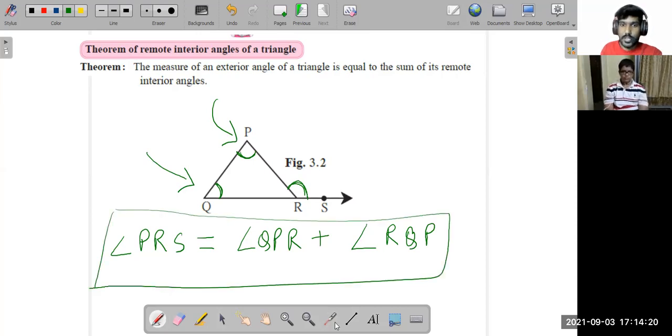Yes, sir. So the remote interior angle theorem says that the exterior angle is equal to the sum of the two remote interior angles. Why remote? Because it is far away from it. That is why we say remote.